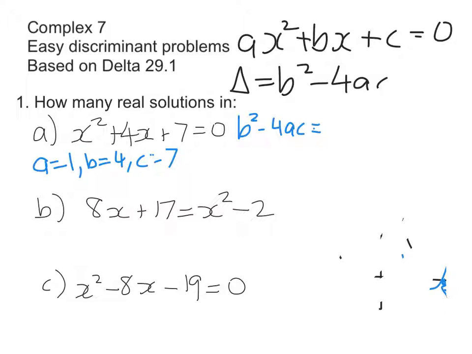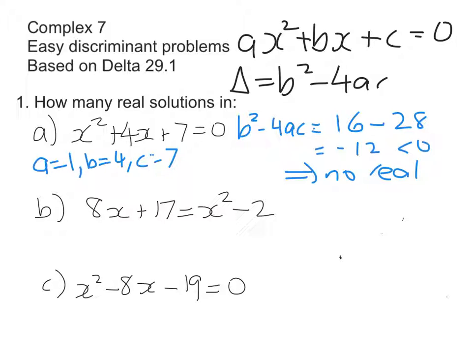Hopefully while I was doing that you worked it out. So b squared minus 4ac is equal to 16 minus 4 times 1 times 7, which is minus 28. So it's negative 12, which is less than 0. Therefore, it has no real solutions.